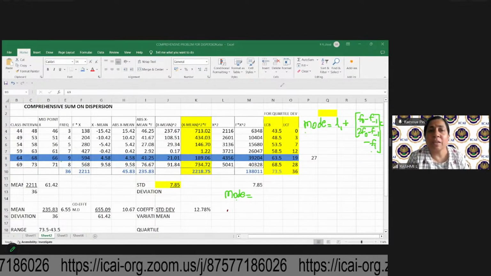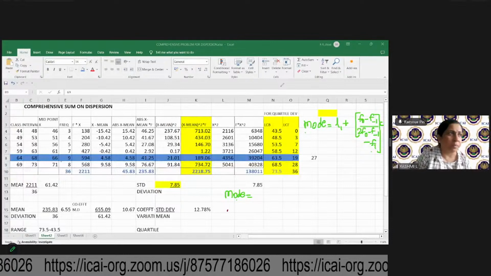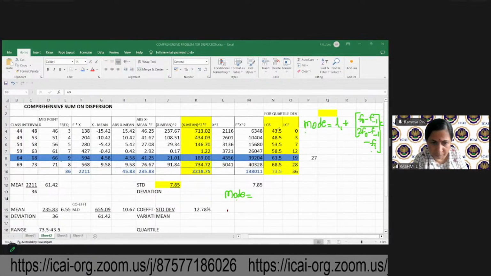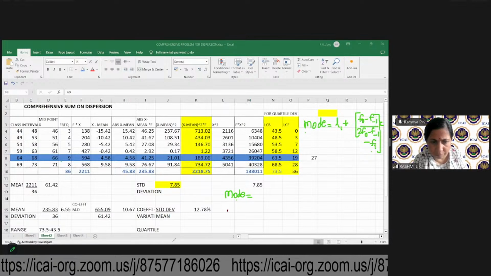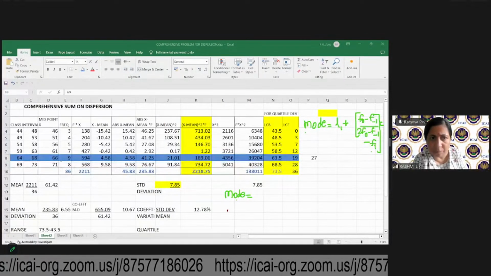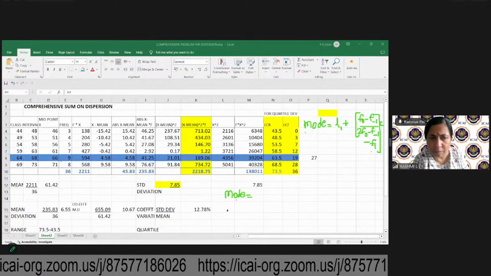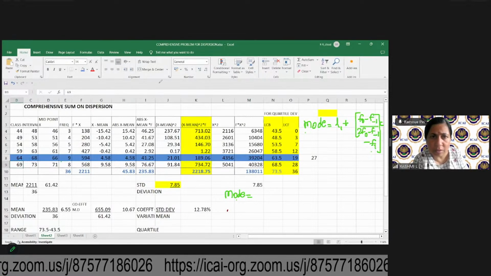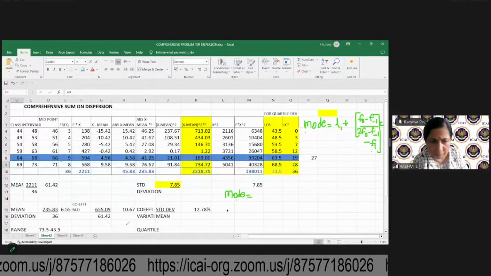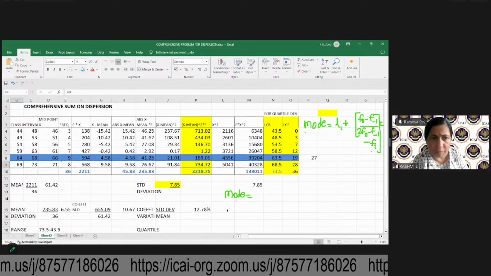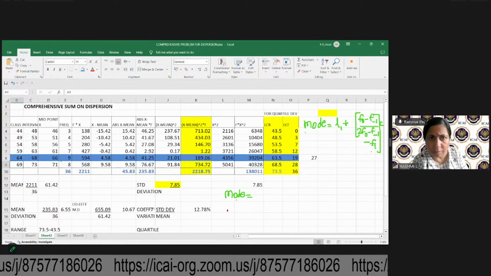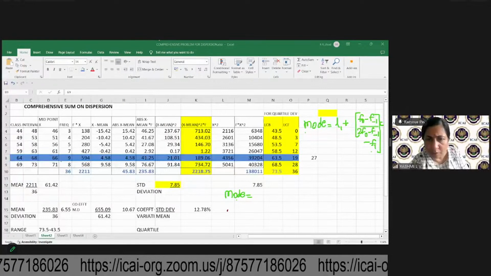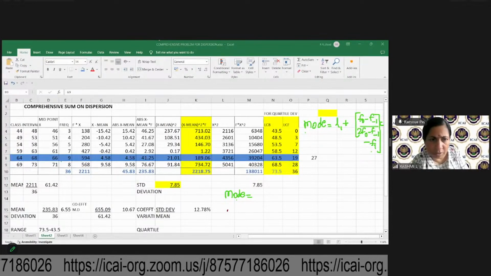Tanishka, we always take the lower class boundary. So what will be the lower class boundary? Rishma is saying 54. She is saying 64.